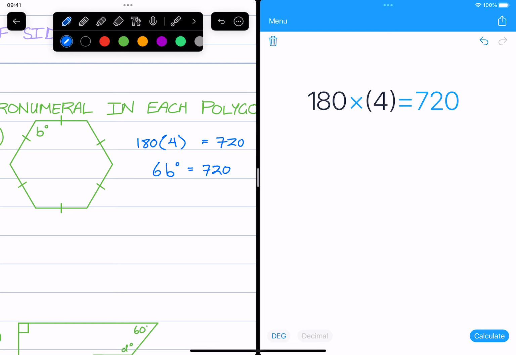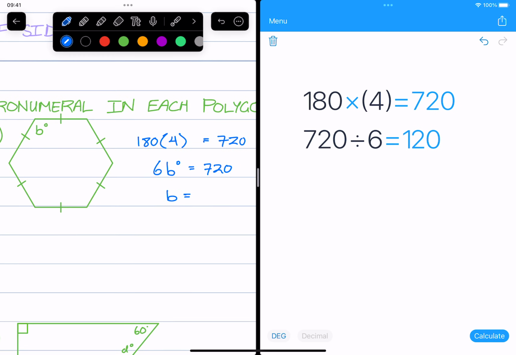So each angle is evenly divided into 720. So B must be 720 divided by 6. B is 120 degrees. So this one angle is 120, but all 6 of them are also 120. And if you add them all up, you get 720.